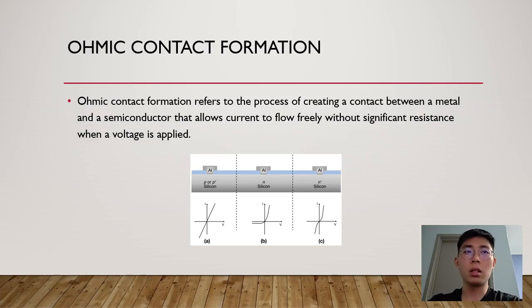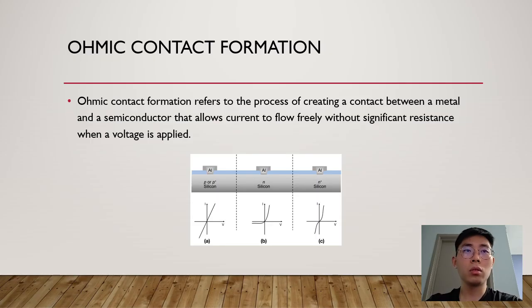In the early history of the integrated circuit, the primary material used for contacts was aluminum. When aluminum contacts p-type, typically the yield is a good ohmic contact. However, some issues develop when attempting to connect to n-type, as seen in the diagram.